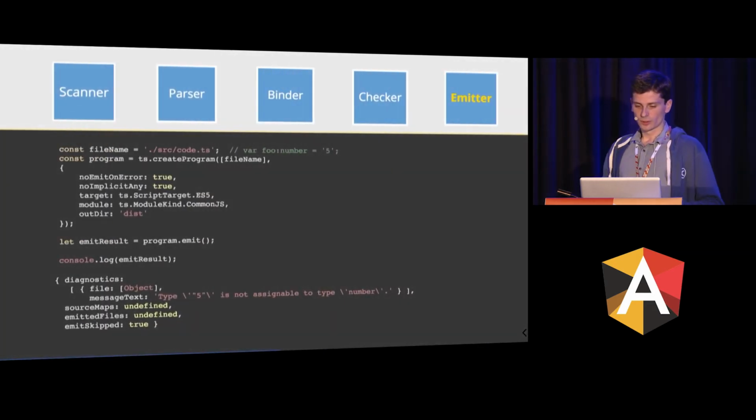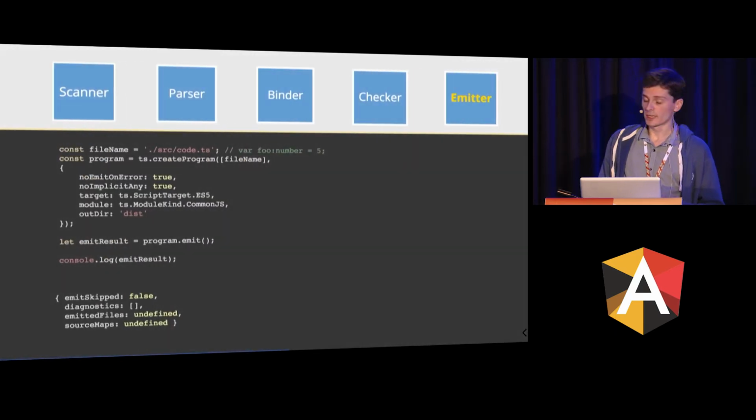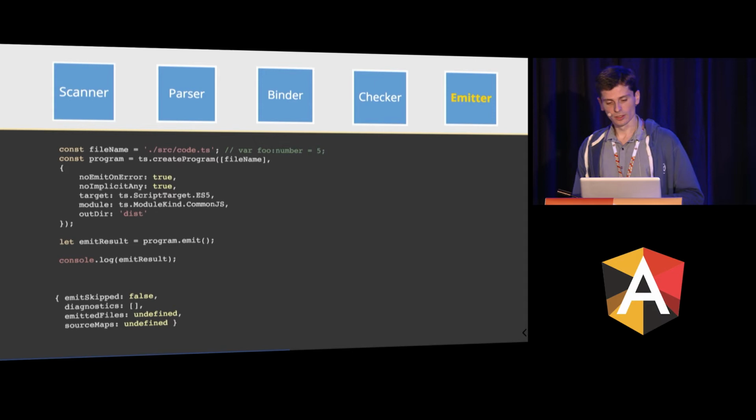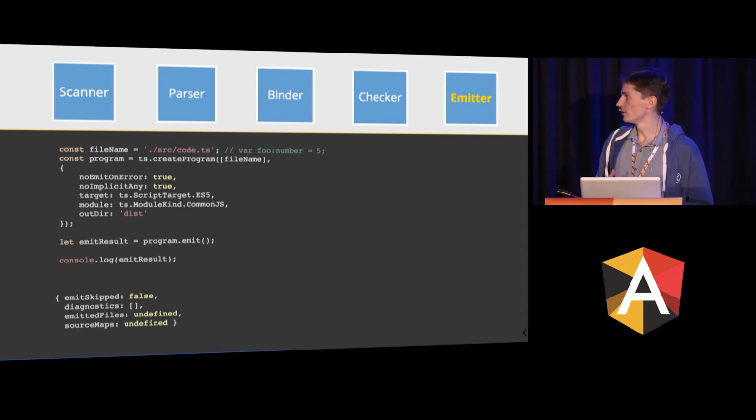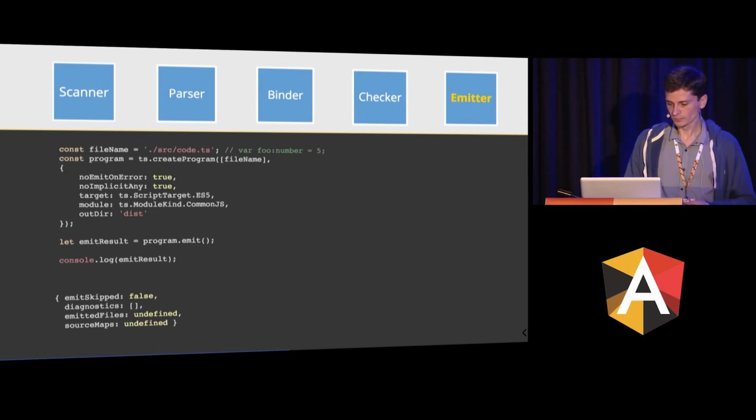If you use the previous example and try to emit the file, we will get an error saying you cannot assign a string to a number, and the final file will not be generated. If we fix our error and put a number in the number declaration, the result will be empty and you will get your file.